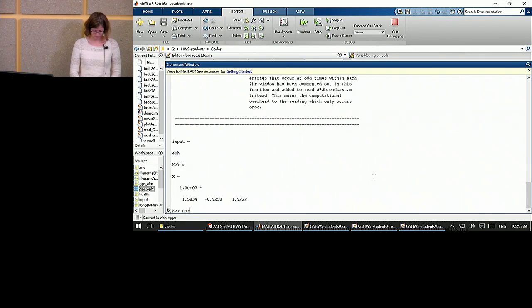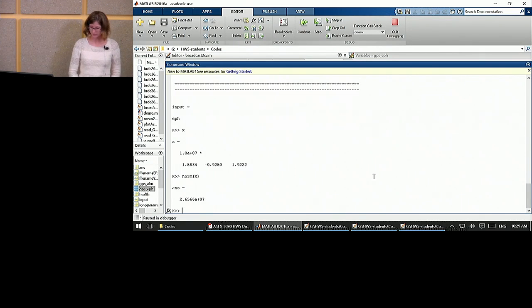Taking the norm of x just shows you, oh, I think I'm doing the right thing and getting the value that I'm expecting. The semi-major axis is about 26,500 kilometers away, right? So you can make a check. Is this doing what I think it's doing?